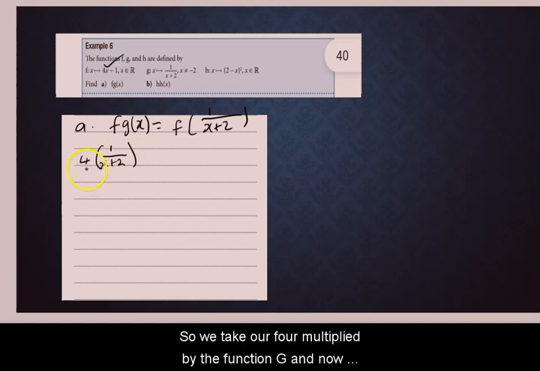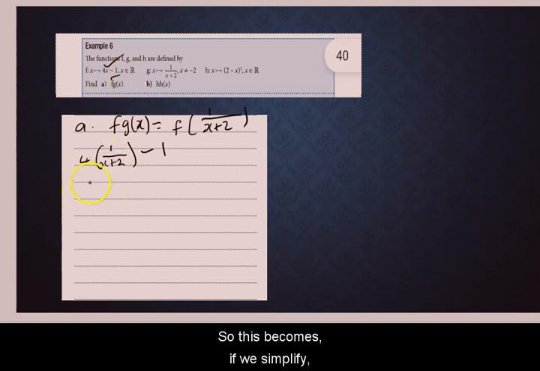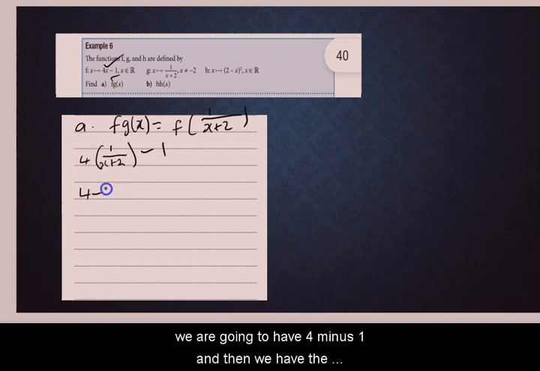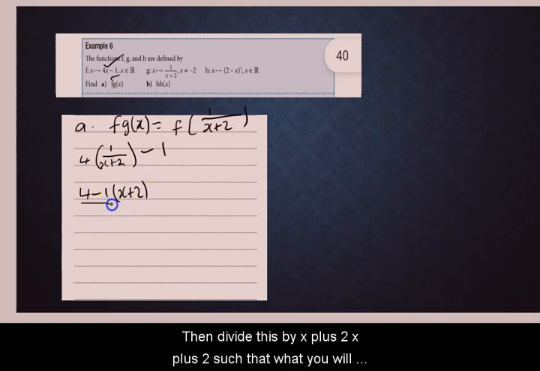So we take our 4, multiply by the function g of x, and now subtract 1. So this becomes, if we simplify, 4 minus the bracket x plus 2, then divide this by x plus 2.